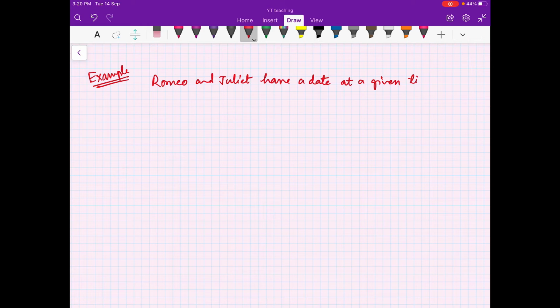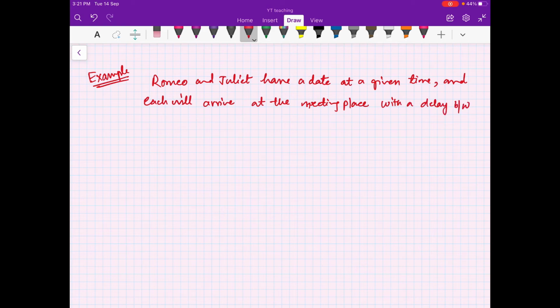So it means that they fix a time for a date, and each will arrive at the meeting place with a delay between 0 to 1 hour, with all pairs of delays equally likely.